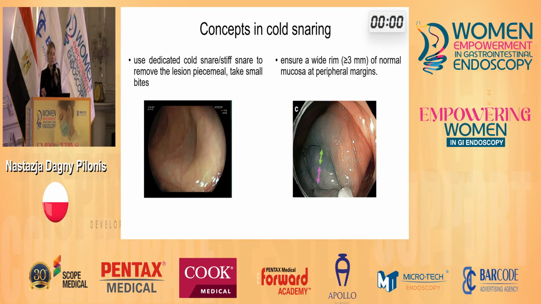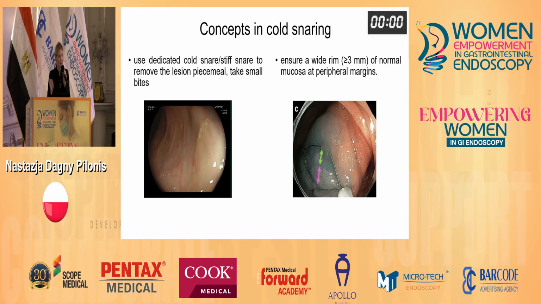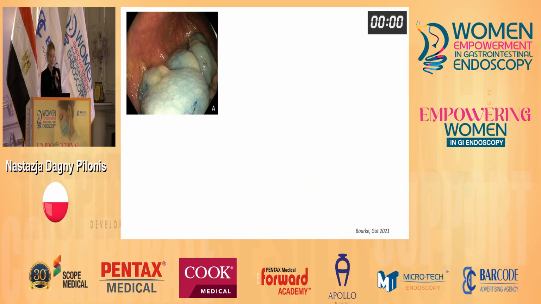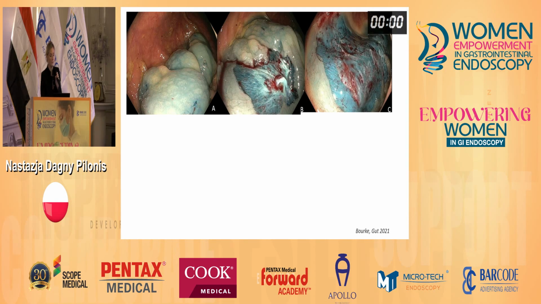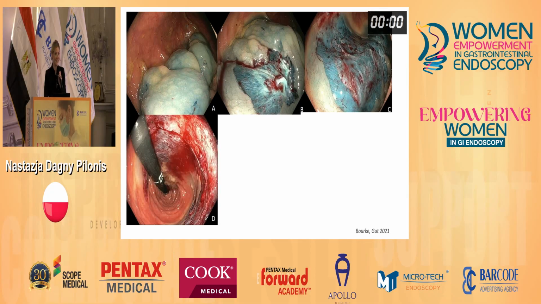Ensure a wide rim of normal mucosa. This is very important, and I think this concept allows for the very low recurrence rate after cold polypectomy in serrated lesions. And as I said before, don't get discouraged by the effect and by the fact that this is not a very elegant technique.